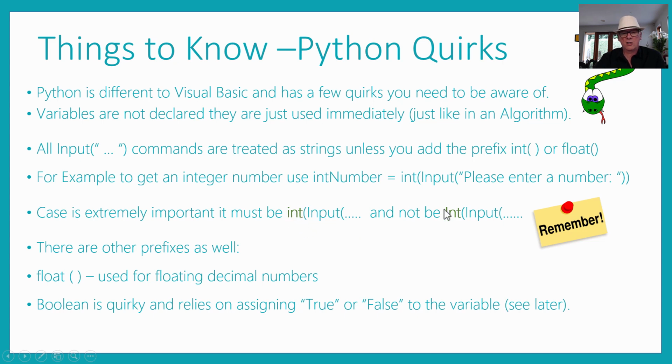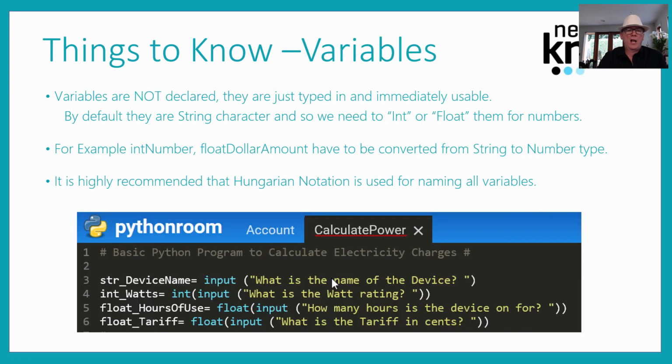A common mistake is you just write capital int and then that won't work in Python properly. Okay, so we use basically int for integers, float for if we want to have decimals put in as well, and Boolean for assigning true false is a little bit different to how we do it in other languages like Visual Basic.